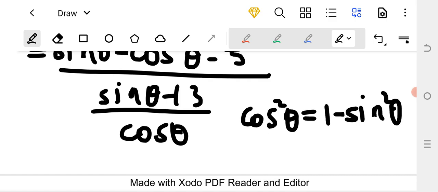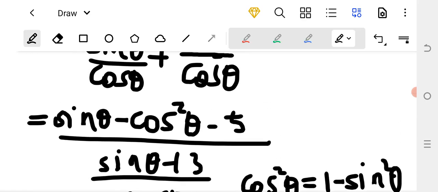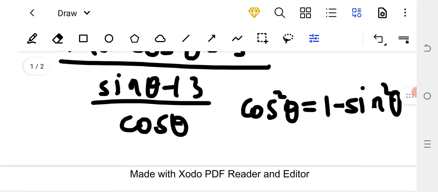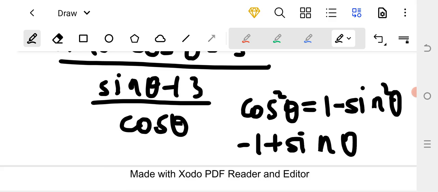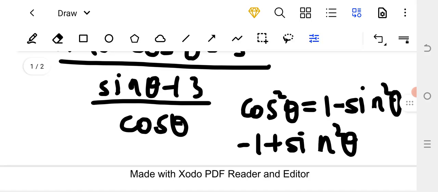Since there's a negative sign here, it's going to affect the signs that are already there, so we are going to be left with negative 1 plus sine theta squared.